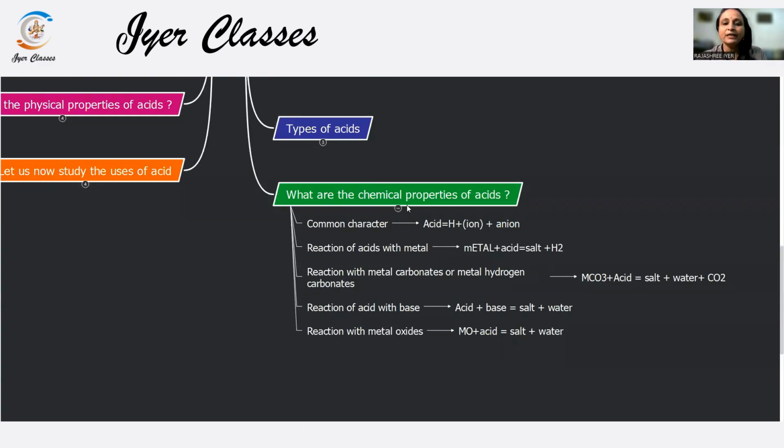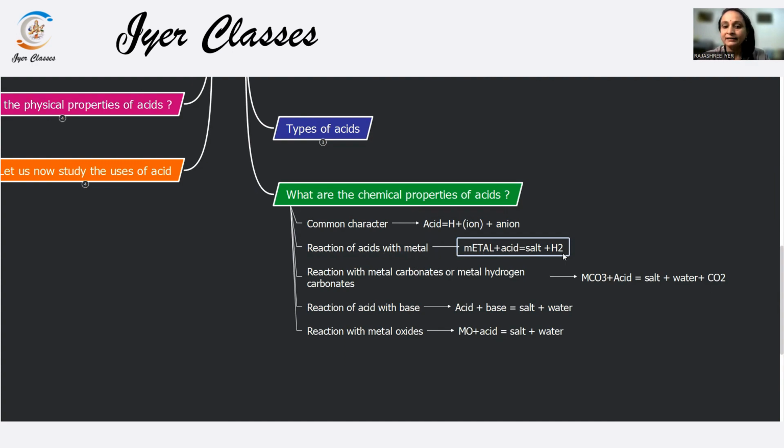We come to the chemical properties of acids one by one. The common character of acids, as we all know, is that they contain H+ ions and another anion along with it. Now, when an acid reacts with a metal, metal plus acid gives you salt plus hydrogen in gaseous form.